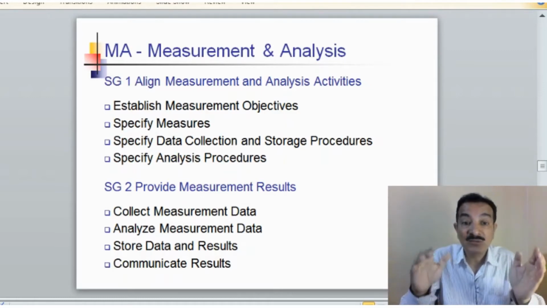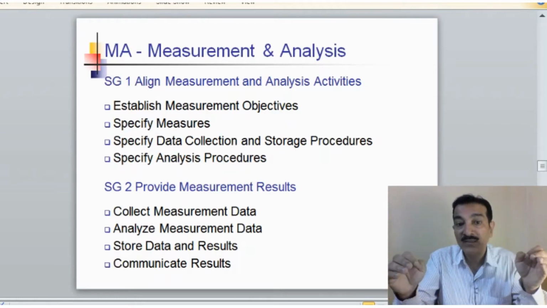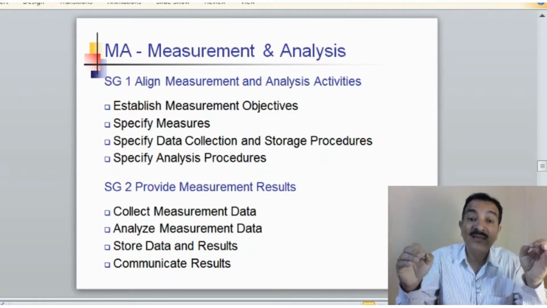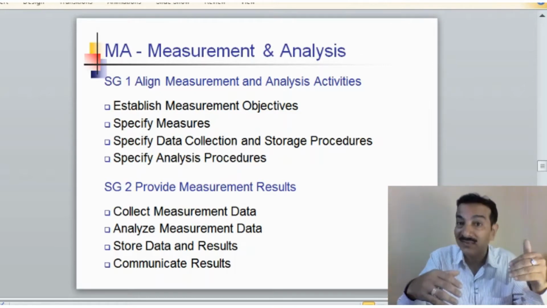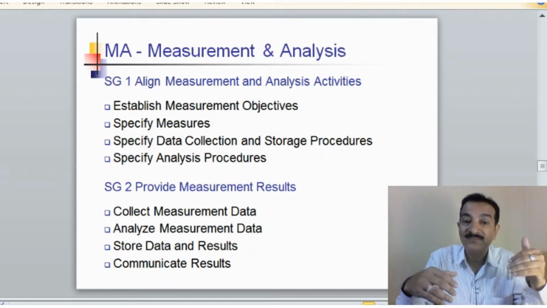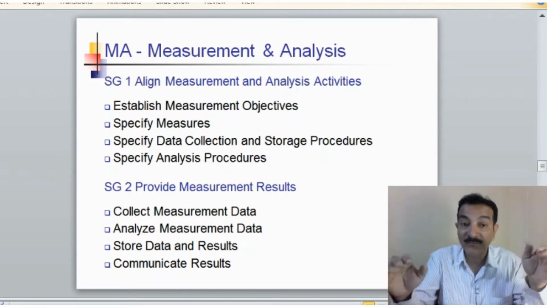So you will have to specify the data collection and storage procedures. Specify analysis procedure. So how you are going to analyze the data once all the data is collected. That is specify analysis procedure.